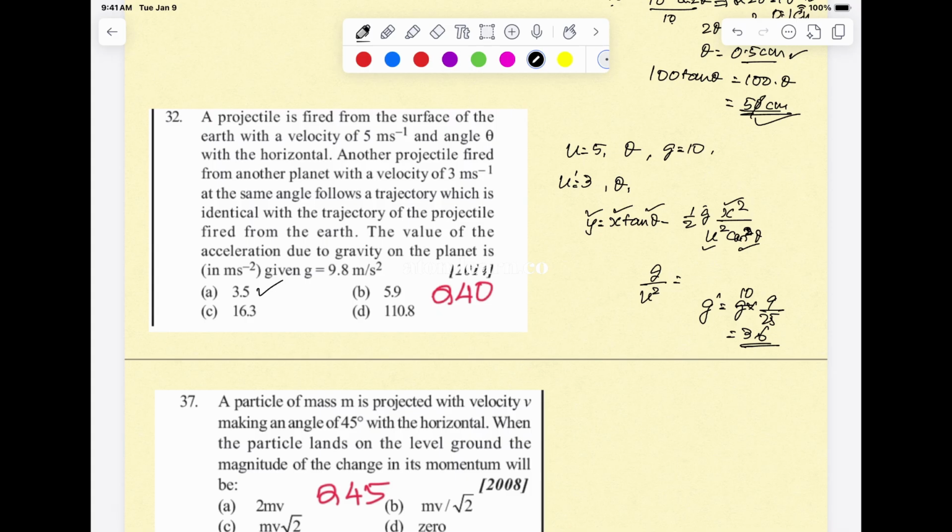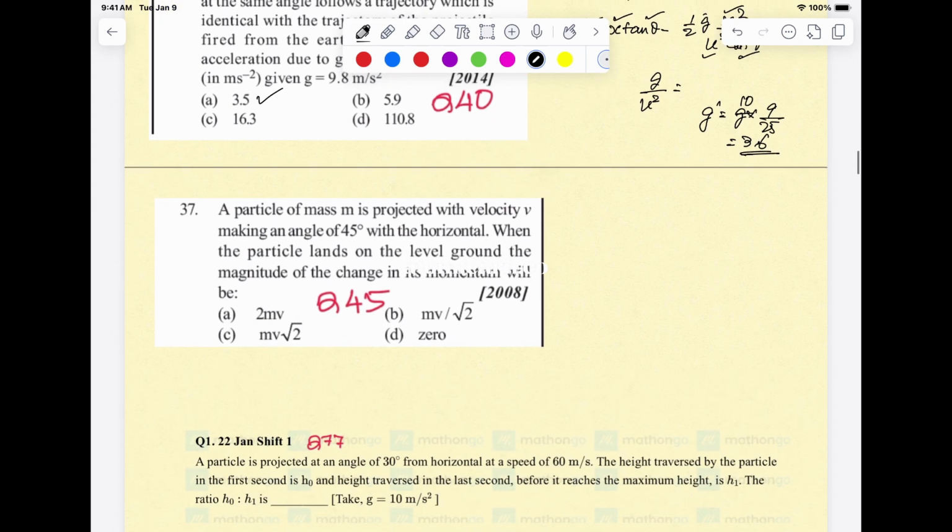From the formula we find that g is proportional to u squared, because g by u squared must be the same. u1 is given as 5, u2 is given as 3. Therefore g dash must be equal to 9.8 into 9 by 25, or roughly 3.6. 3.5 is the answer. Understood? Then go to the next question.